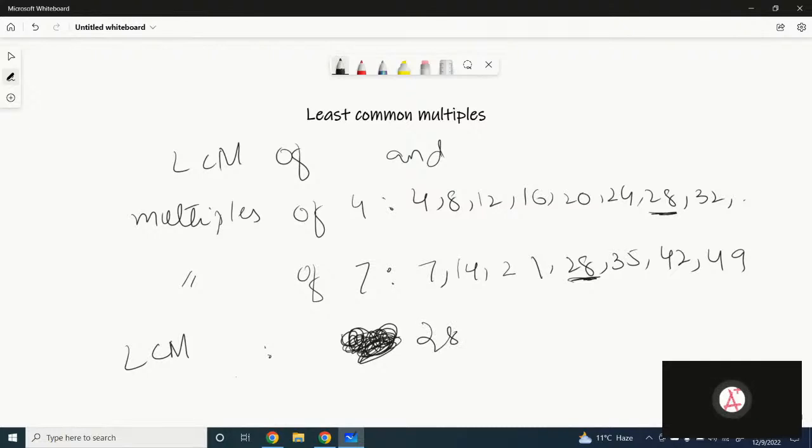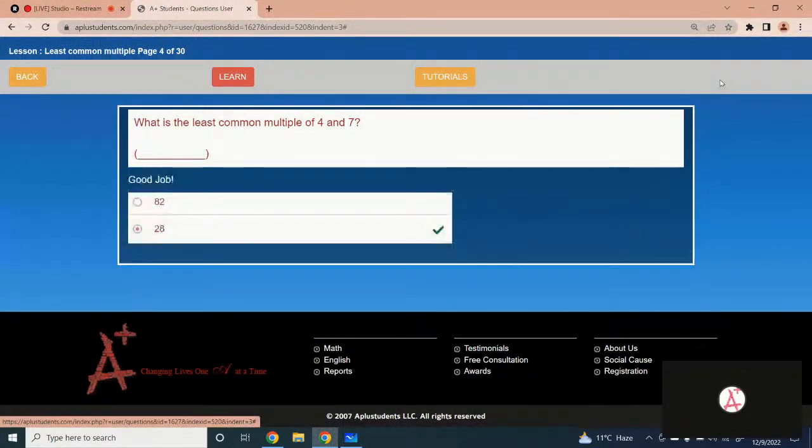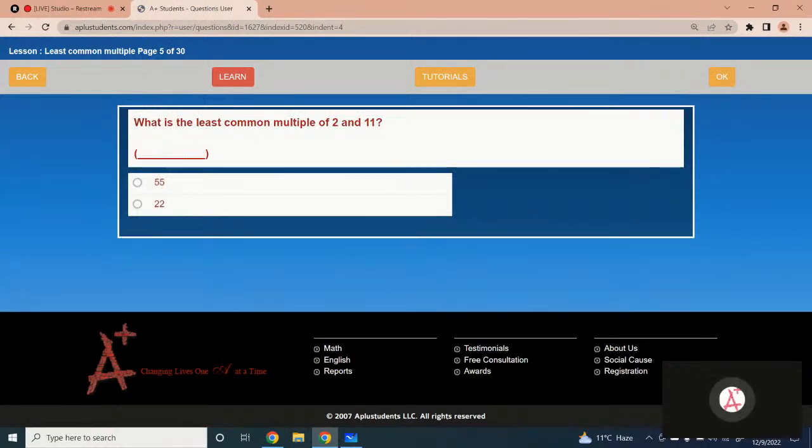Very good. Just select the correct option and click on the OK button. Okay, the next one is what is the least common multiple of 2 and 11?